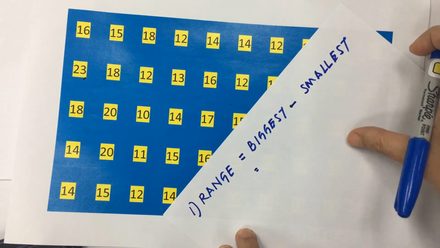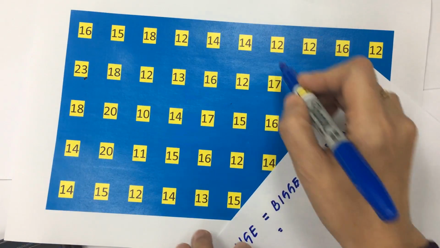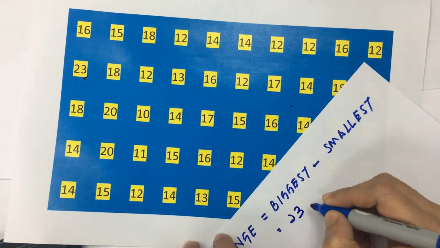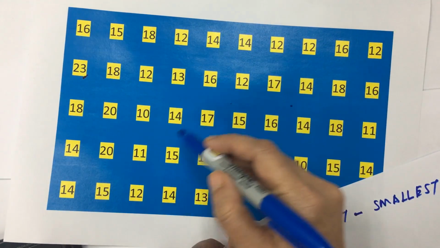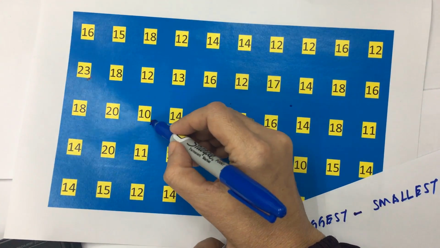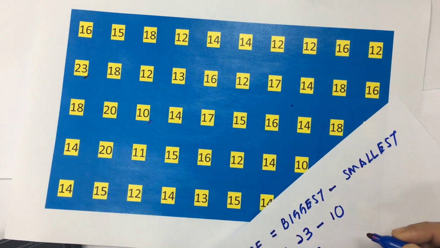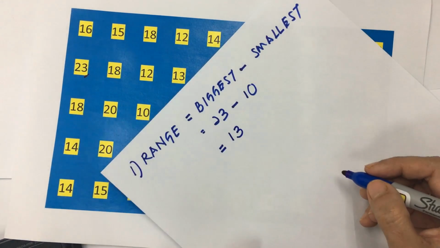The biggest value here is 23 and the smallest value is 10. So the range is 23 minus 10 equals 13.